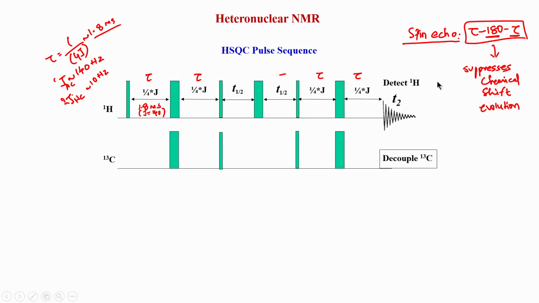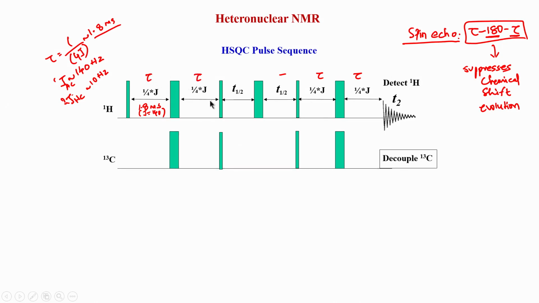So, spin echo suppresses the chemical shift evolution, there is no evolution which happens for proton or carbon, and of course, J coupling definitely continues, that is not suppressed because we are applying the pulse on both proton and carbon, and till here the total period has become tau and tau, which is 2 tau. So, the coupling evolves during the full period of 2 tau.